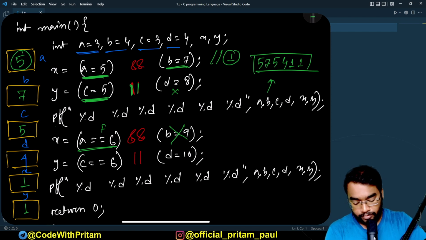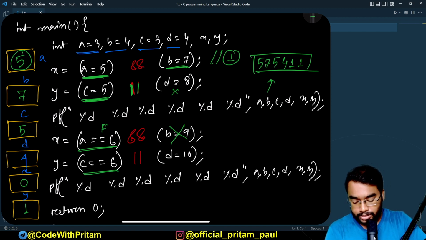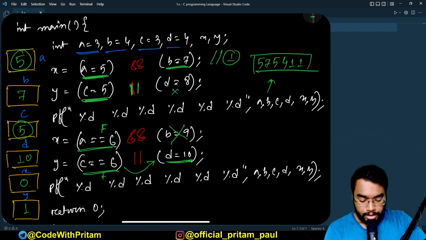By default X will obviously be 0 due to this false. Now C equal 6, C is obviously 5, so it is not going to be true, so it is false. That's why we would be heading to this one: D equal to 10. Finally the D value is changing to 10, and this is true obviously, that's why Y will be 1.